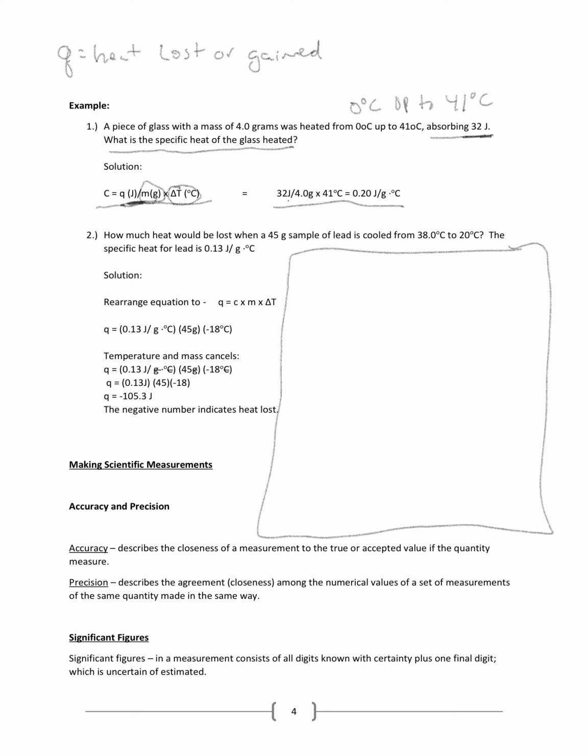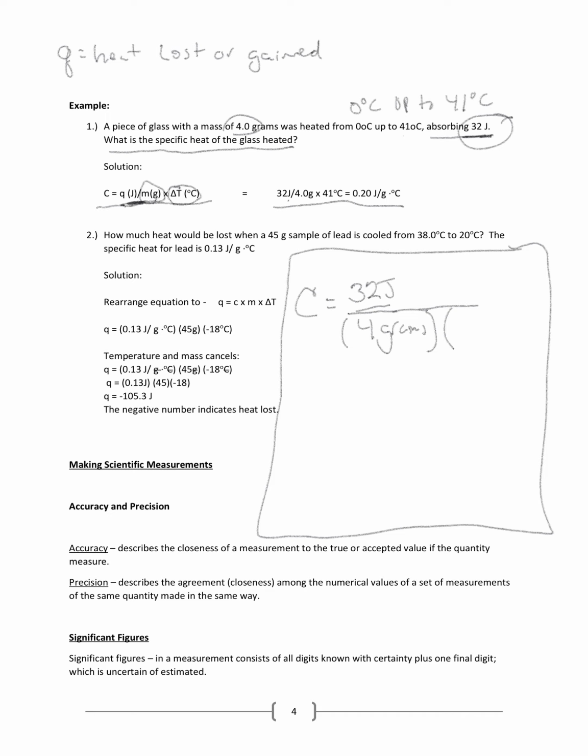So we have C, that's specific heat. The amount of energy that we added was 32 joules, so I wrote that here. The mass of our object is 4 grams, so I wrote that over here.